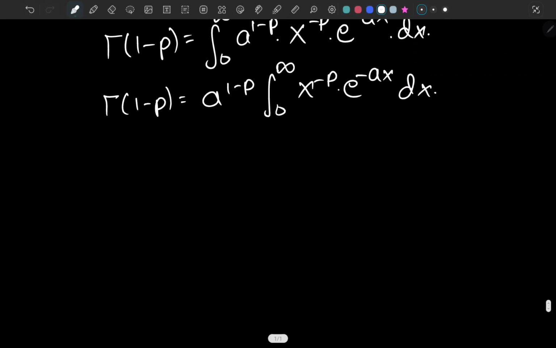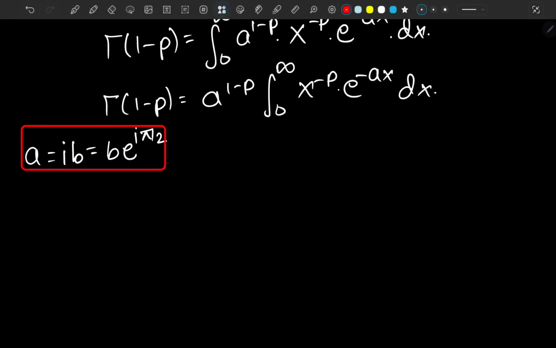Now let's write this constant in terms of an imaginary number. Let's say a equals ib, and we know that i is e to the i pi over 2, from Euler's formula.